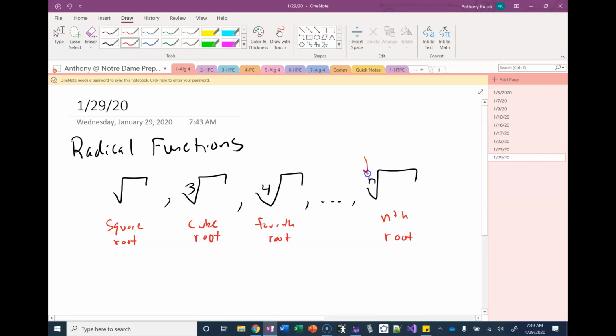So this number here, in the little check mark, is called the index for the radical. Notice for the square root, we didn't write in an index number. What number is there that we choose not to write? A 2, like square root.